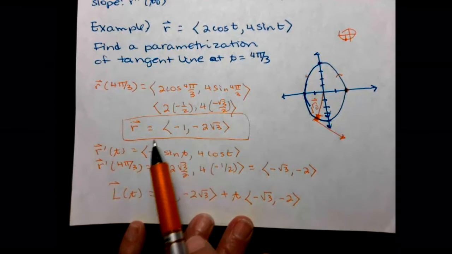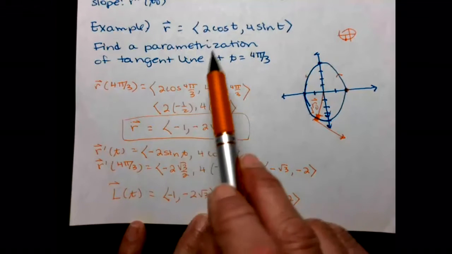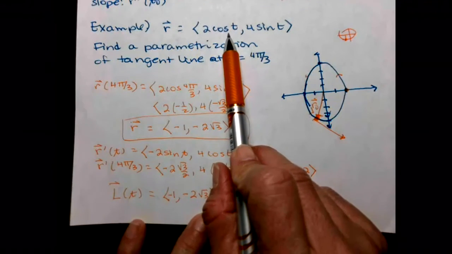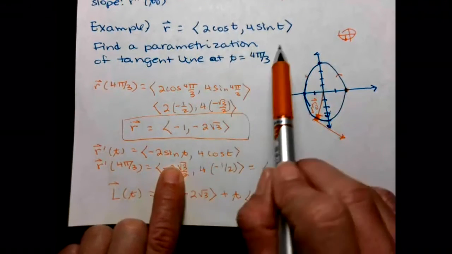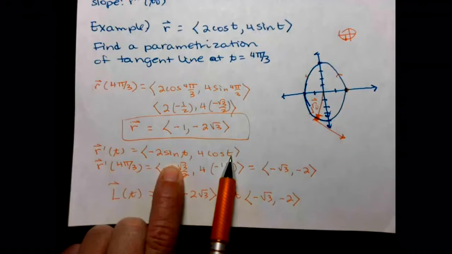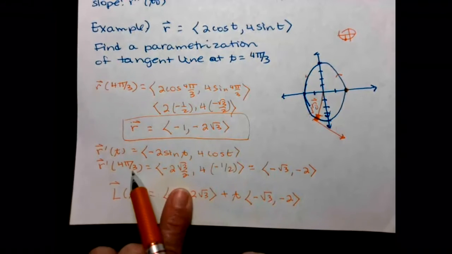So I have r prime, so here's my r, so its derivative is going to be negative 2 sine t, that's good. The derivative of sine is 4 cos t. That's good. Okay, so now we're going to evaluate it at 4 pi thirds.